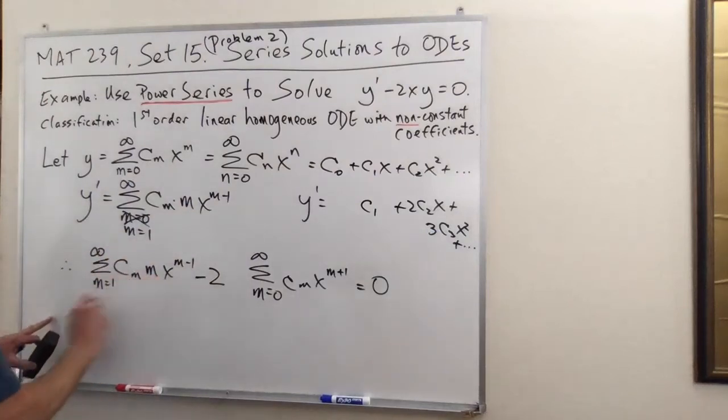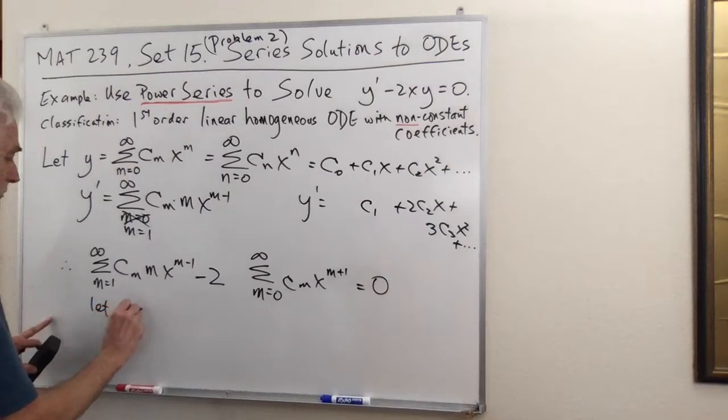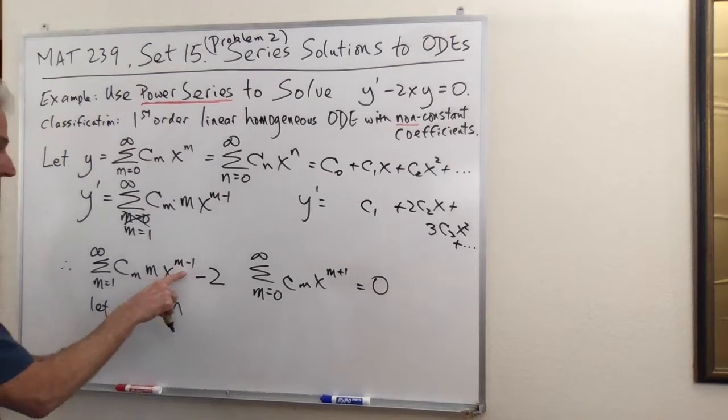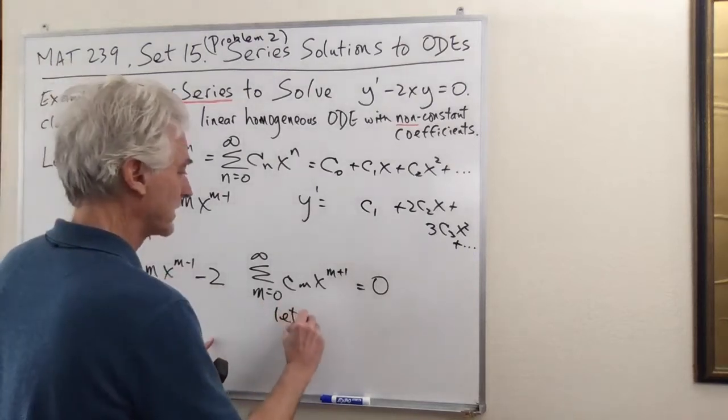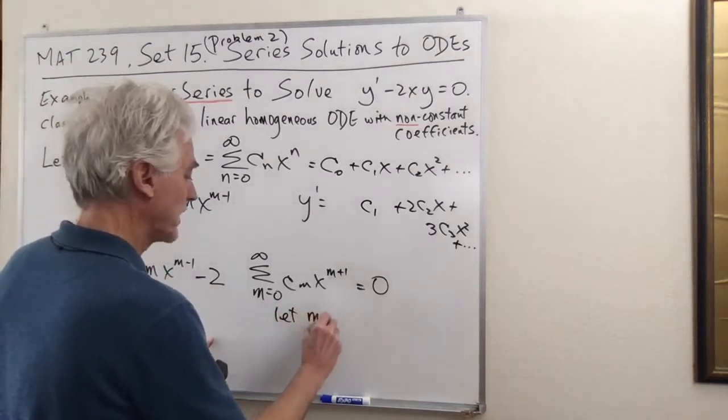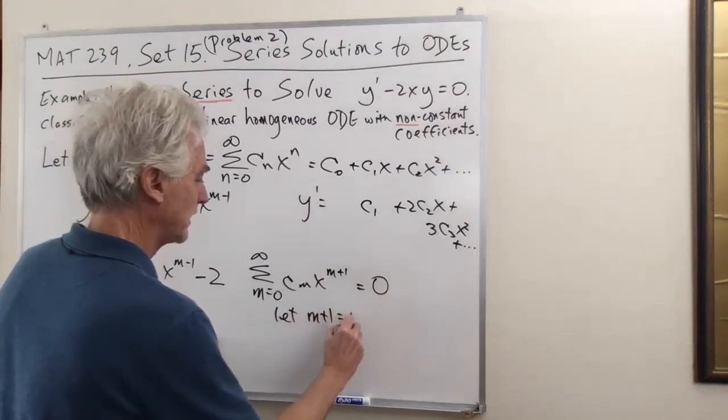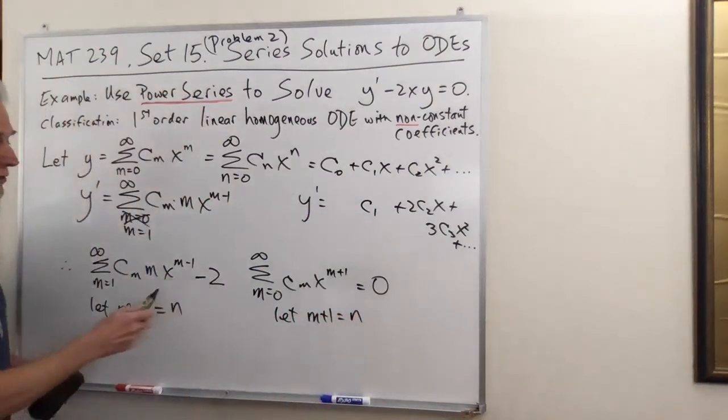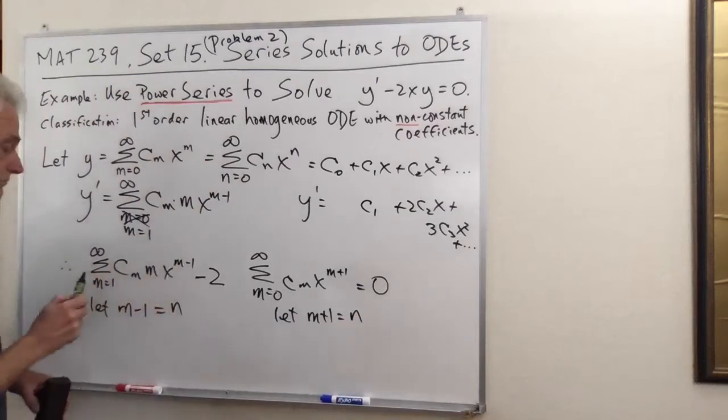For this term, I'm going to let m minus 1 be n. So I'm going to call that x to the n. And over here, I'm going to let m plus 1 be n. So these both turn into something times x to the n, okay?